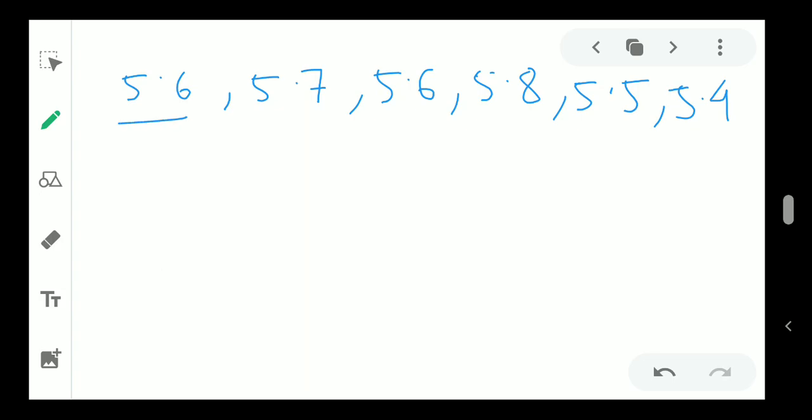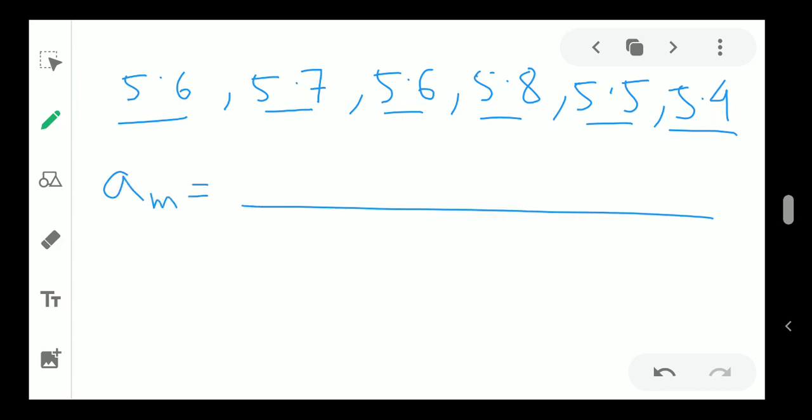How many data? 1, 2, 3, 4, 5, 6 data I have taken. So first you have to find the mean of the data by adding them all. That is, summation of all A divided by the number of observations, in this case 6. So you first find your A mean.